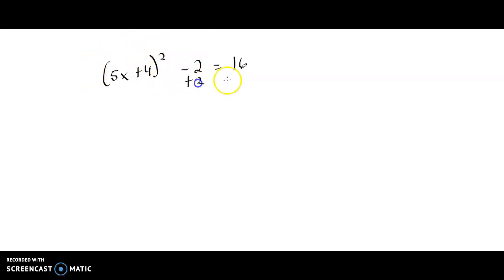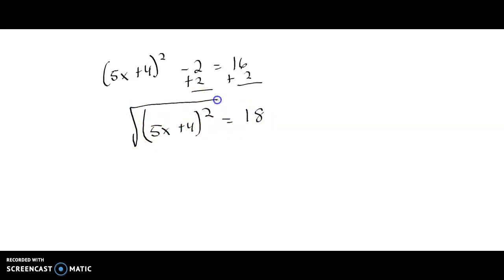So if I add 2 to both sides, that's going to give me 5x plus 4 squared is equal to 18. I'm going to take the square root of both sides. So I get 5x plus 4 is equal to plus or minus the square root of 18.